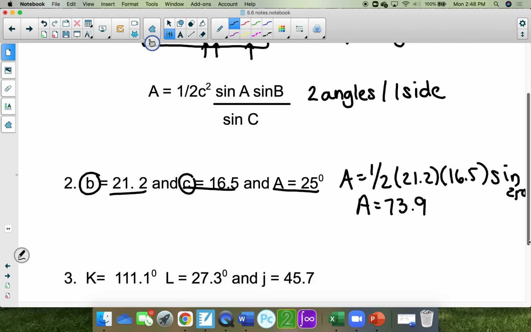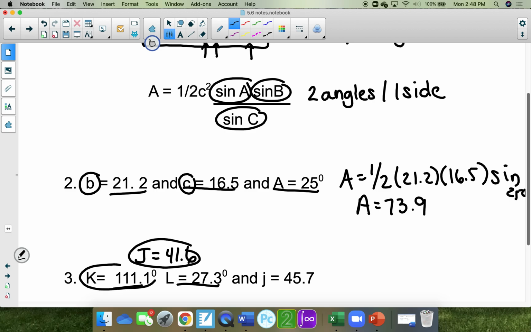Given two sides and an angle, you would use the first one. For the last one, given two angles, they only gave us two angles though, and you need three angles. So what do we do? You know the angles add up to 180, so 180 minus 111.1 minus 27.3 is 41.6, the other angle. Okay, watch how I strategically put this into the formula.